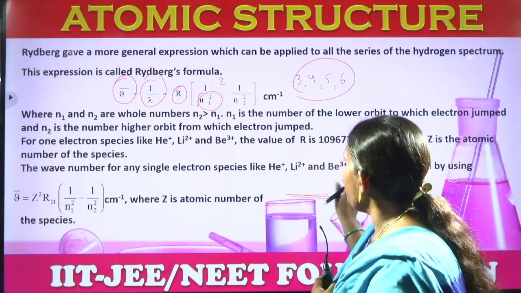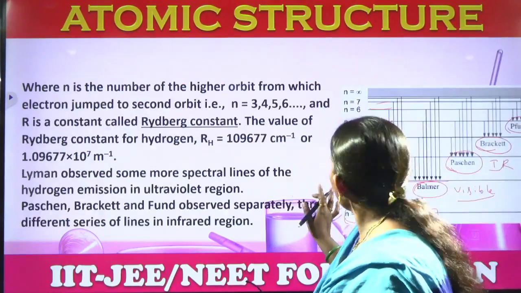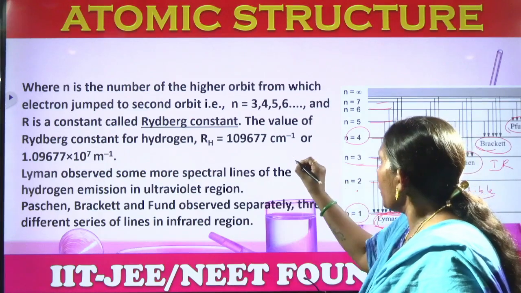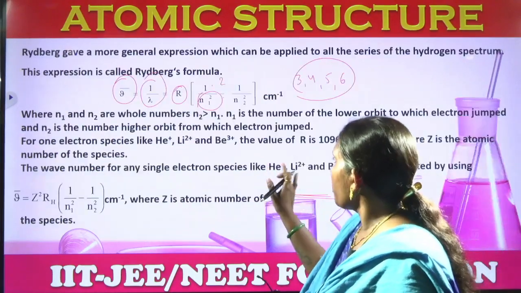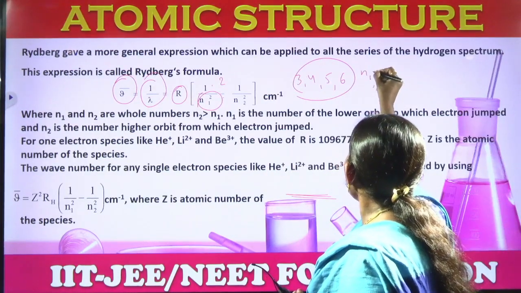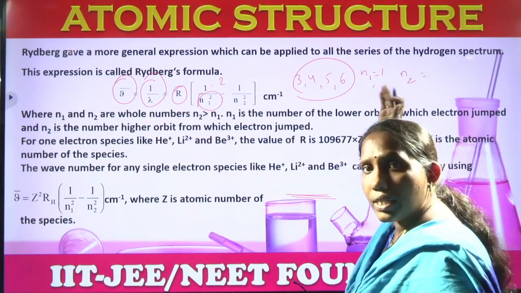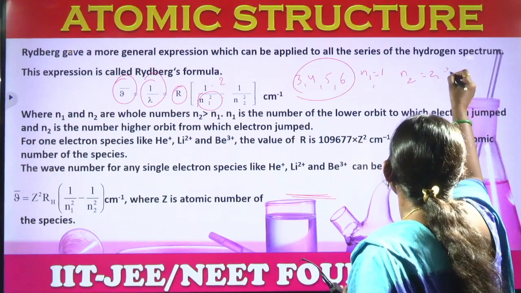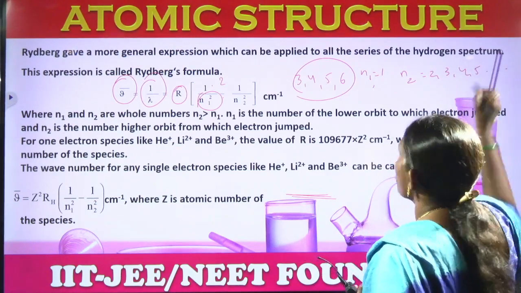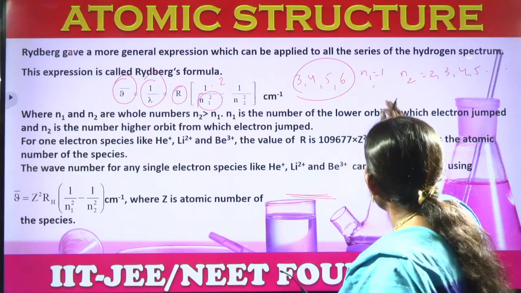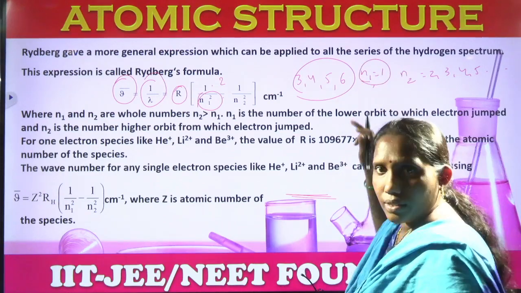See, n equal to 1, n equal to 2, n equal to 3. I will write here, when n1 equal to 1, n2 can be second, third, fourth, fifth and so on, meaning electrons can jump from those orbits. Then this region we can see in UV, and this is called the Lyman series.